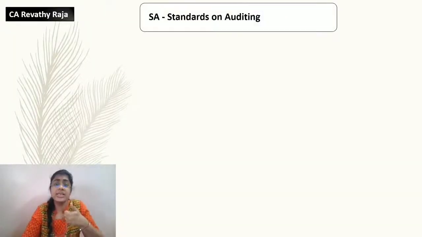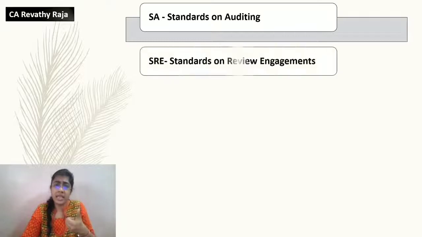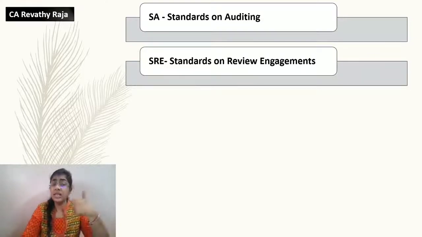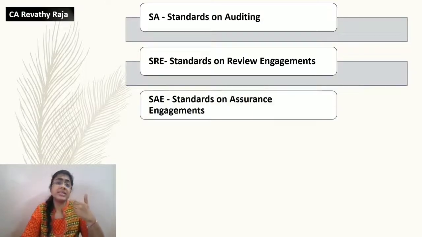First one is Standards on Auditing, SA. Second, SRE, R, Review. So Standards on Review Engagements, SRE. The third one is SAE, A, Assurance.